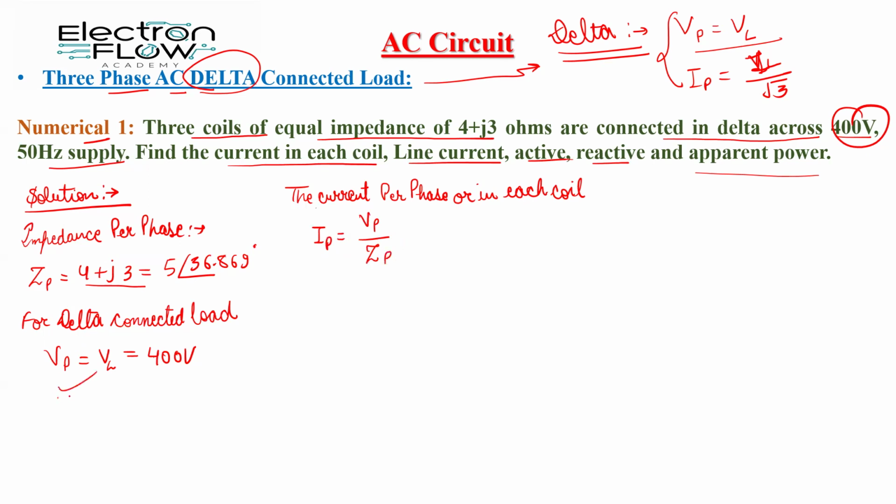We have the value of the phase voltage and the phase impedance, so we can calculate the phase current. This equals 400 at an angle of 0 degrees divided by 5 at an angle of 36.869 degrees, which is 80 at an angle of minus 36.869 degrees.